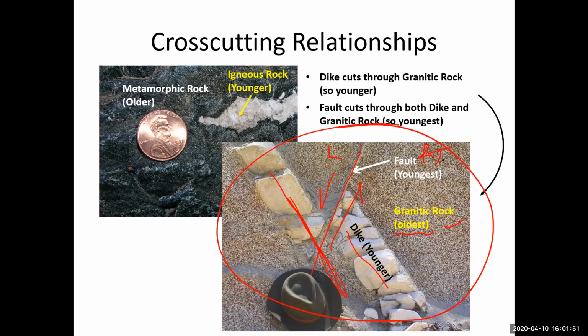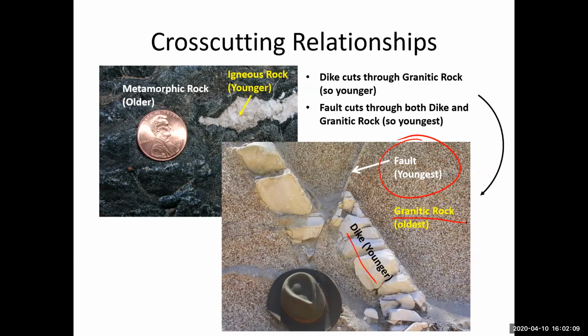Okay, so getting rid of all this, can you see that if we're describing this, we would say that the fault cuts through both the dike and the granitic rock. So that makes the fault the youngest feature. On the other hand, the dike cuts into and through the granitic rock, but it doesn't cut the fault.